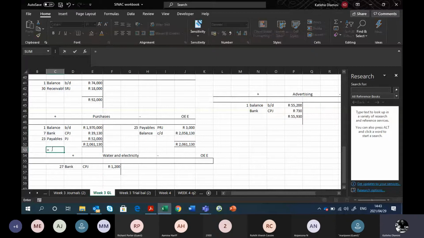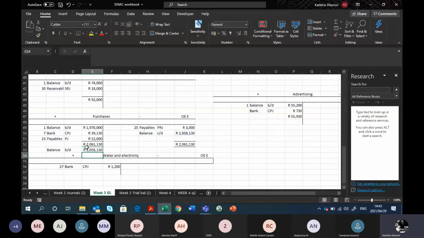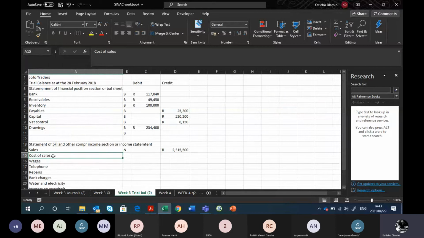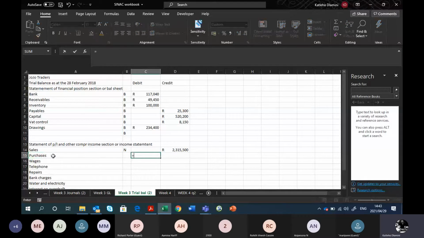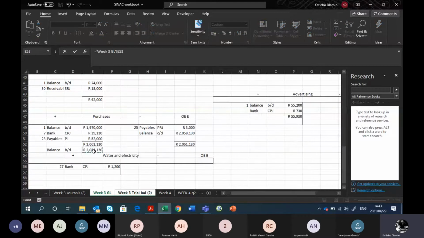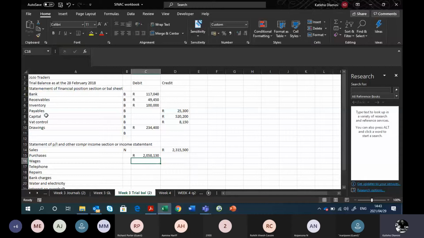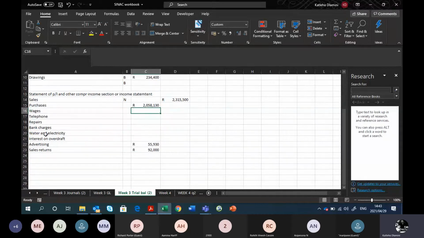And then now balance. That's one. Okay, so that 2 million here is gonna go here, purchases, and cost of sales. And I have that 2 million there. Okay, just want to make sure that that's fine.